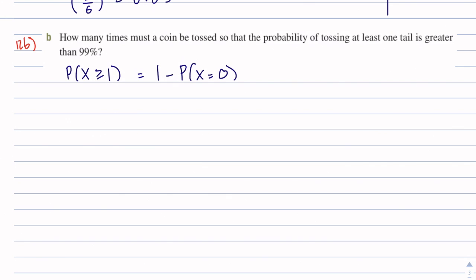So we want 0.99. 1 minus nC0, 1/2 to the 0, 1/2 to the n. So 0.99 is 1 minus, well, anything C0 is 1.